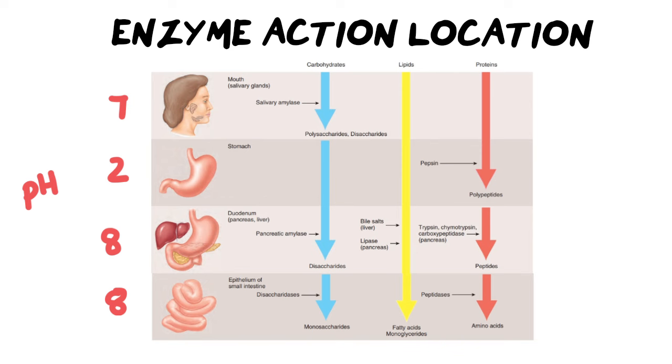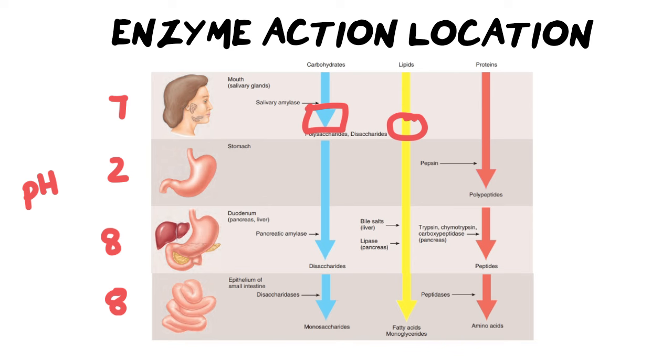Now, this is important because it ultimately affects how the enzyme is going to work and where it is allowed to work. Now, when we're reading this diagram, it's also important to understand what we're looking at here. Every time you see an arrowhead like this one over here, it means that the digestion of that substance is taking place. If there's no arrowhead, like we can see over here by lipase or lipids, there's no digestion happening.